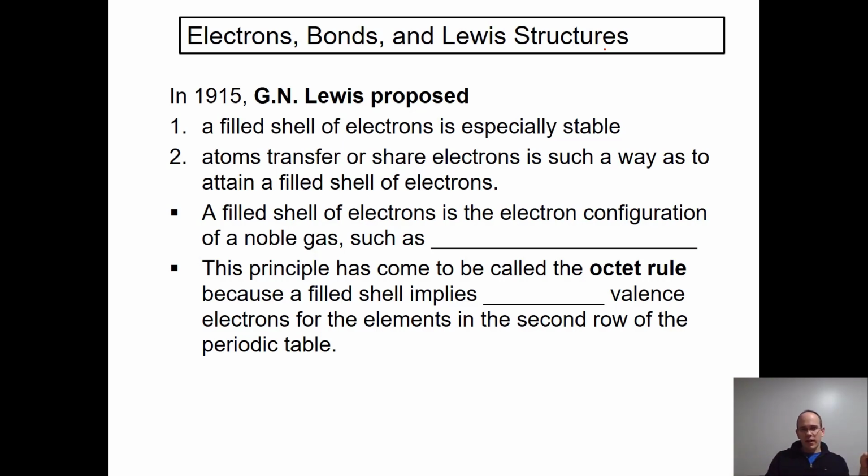So as you start on the left, you have 1 electron, and then you go to the next element, it has 2 electrons, and then the next element has 3 electrons in that last shell. And finally, when you get all the way over to the right, you have a completely filled shell of electrons. And that filled shell of electrons is especially stable.